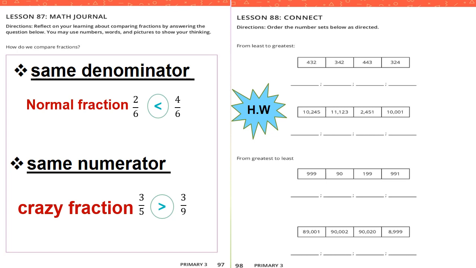Which is smallest here? 324, also 342, and 432, and the last one 443. Complete this page as homework.